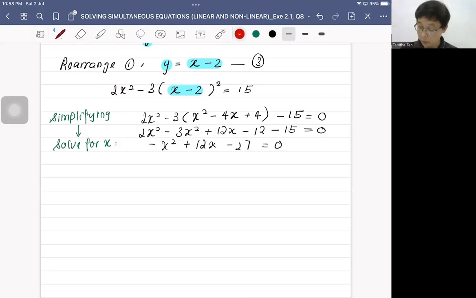And again, as usual, I don't like to have a negative coefficient of x squared, so what I'm going to do is multiply by -1 on both sides, so that the whole coefficient has changed sign. So now it's become from negative to positive, this has become negative, this one becomes positive. Okay, so there you go.